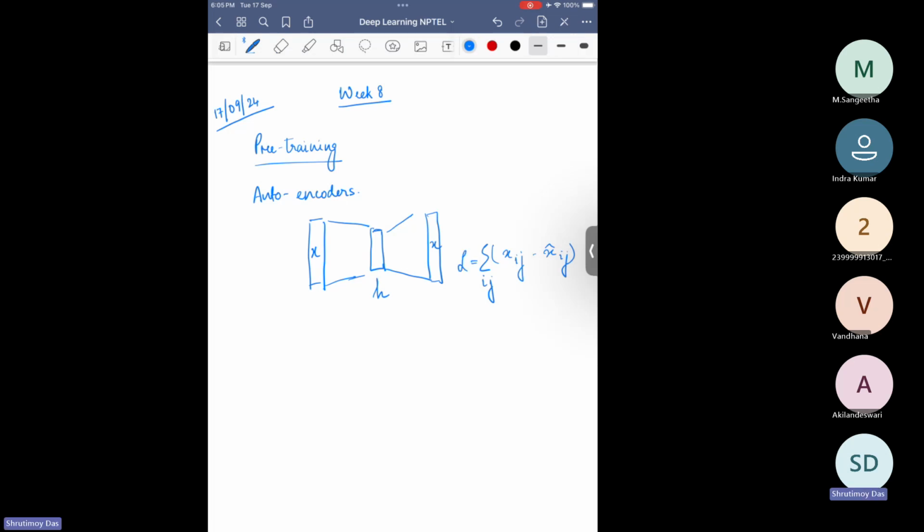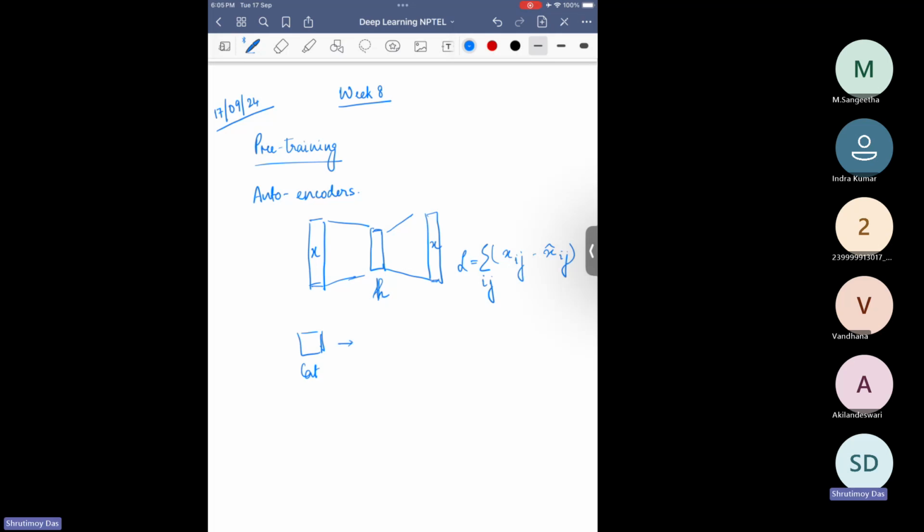So what this was trying to do is, given some input, you want to learn some representation of the input, say h, such that using h you can get back the same x that you had as an input. So for example, suppose you input some image of a cat, right? You learn some representation.